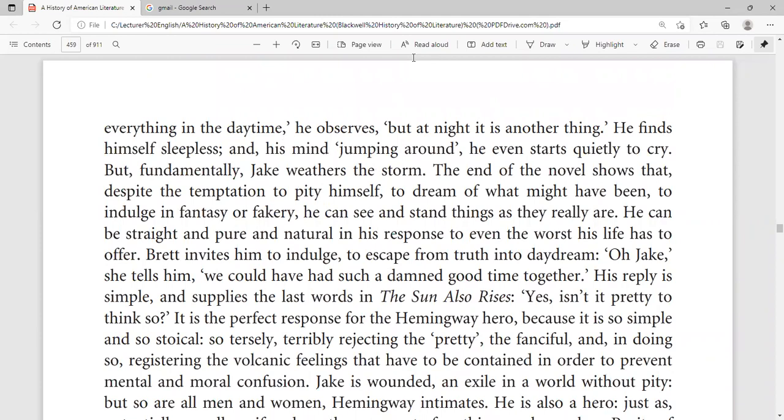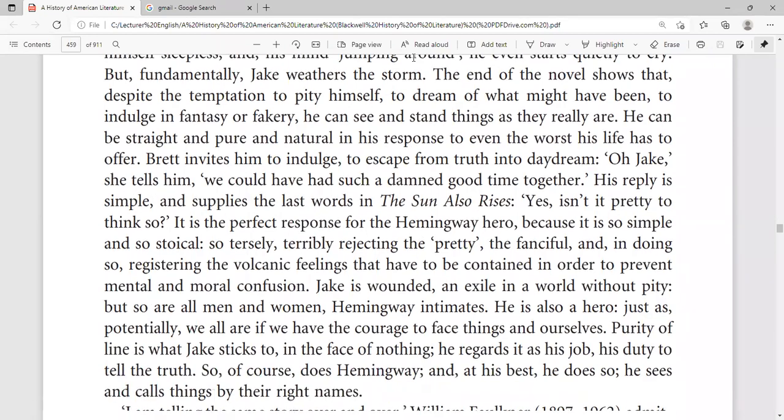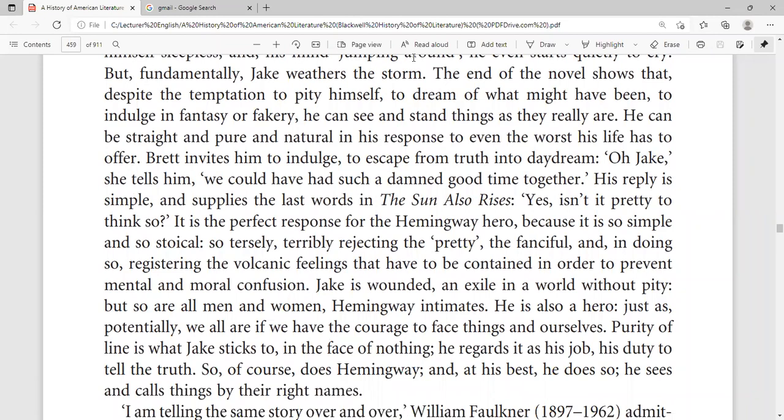The end of the novel shows that despite the temptation to pity himself, to dream of what might have been, to indulge in fantasy, Jake Barnes can see and stand things as they really are. He can be straight and pure and natural in his response to even the worst his life has to offer.